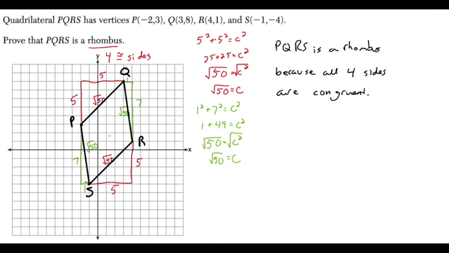And you've just proven that PQRS is a rhombus because every single side has a distance of radical 50.